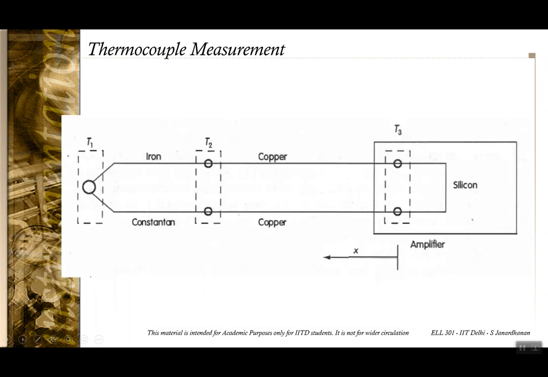So this is a rough diagram of what is being done here. You have T3 here. T1 is the iron constantan junction, and T3 is the junction between iron and copper and constantan and copper.